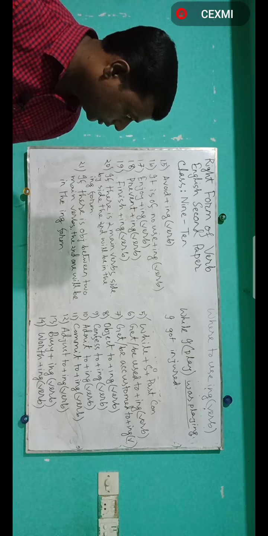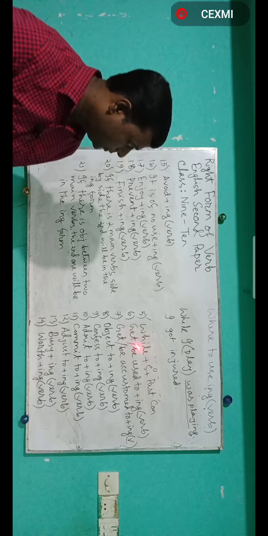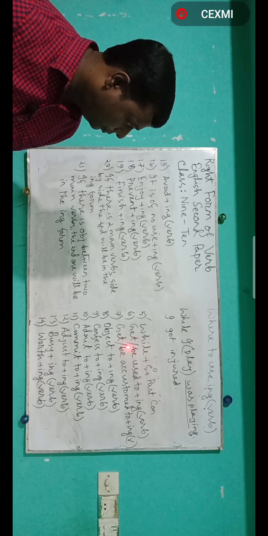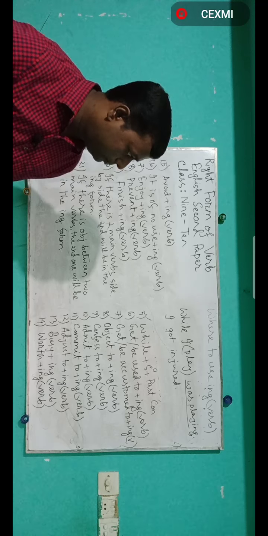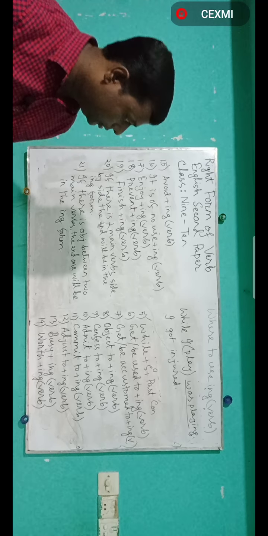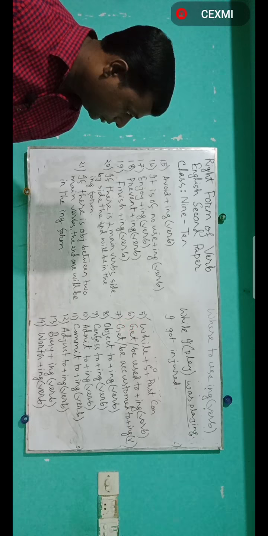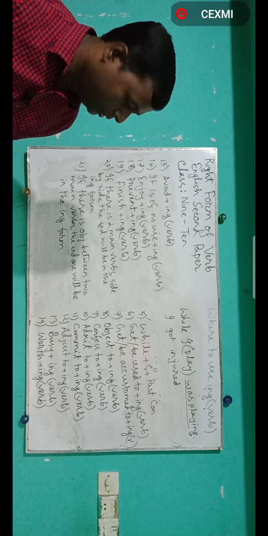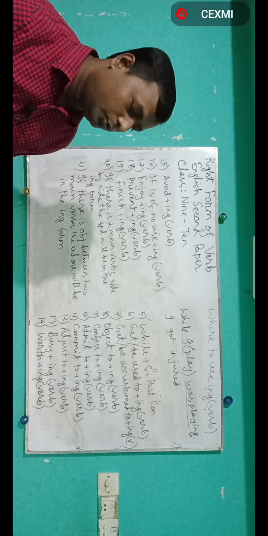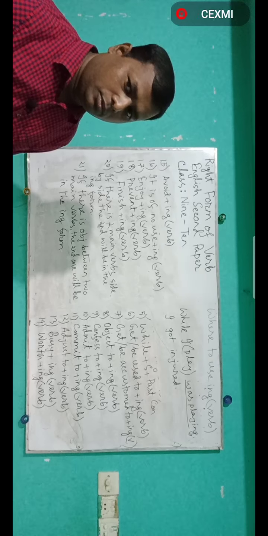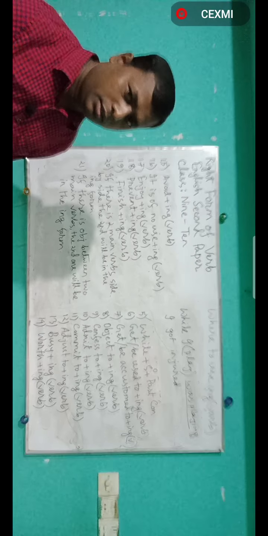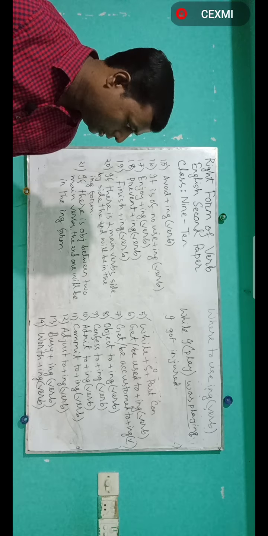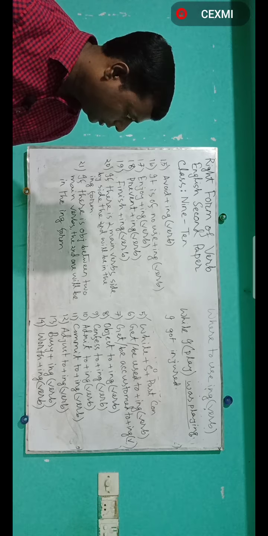Then come to the next one. Number 6. If there is get or be before used to, ing form of verb is used after it. What do you understand by be? Here be means to be verb. What are to be verbs? Am, is, are, was, were, be, being, been are to be verbs.